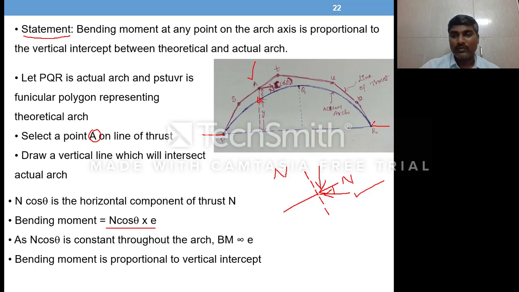These are the two horizontal reactions, developed because you are applying the vertical loads. This is the horizontal force or reaction developed at the two supports. If you take a section anywhere on the arch, H is going to be the same value, which is nothing but equal to N cos theta always.